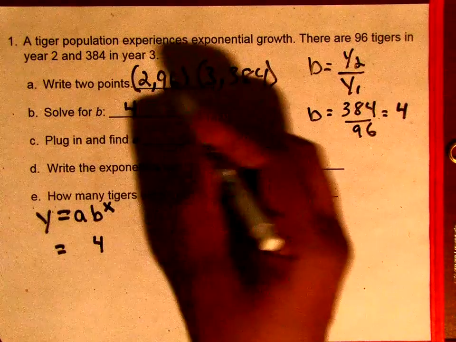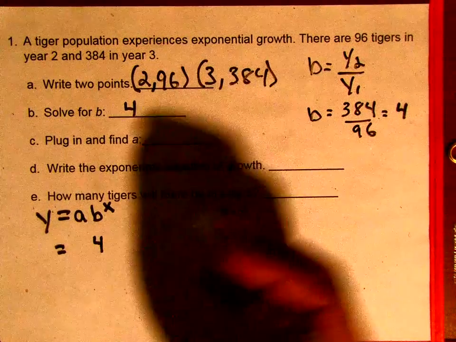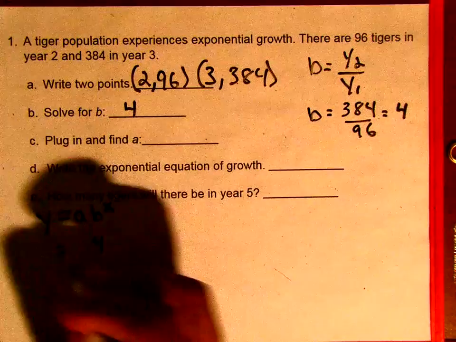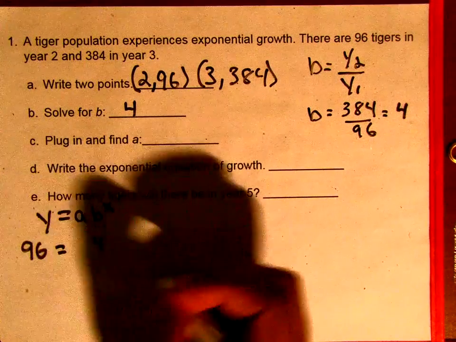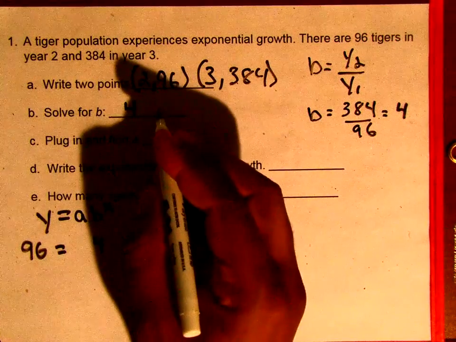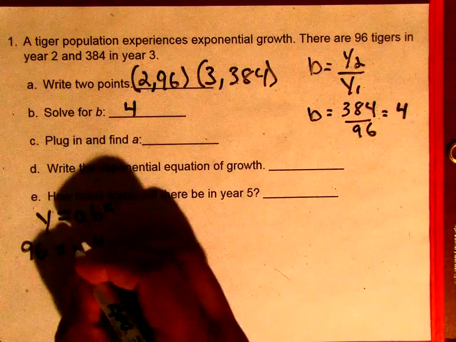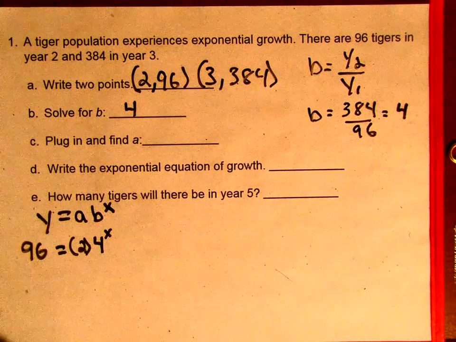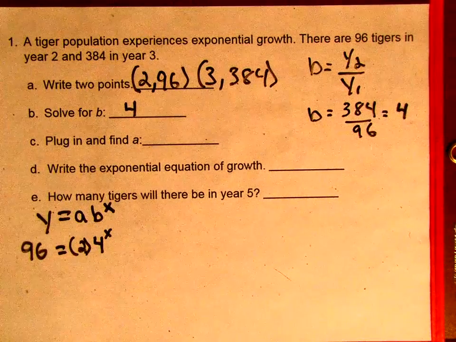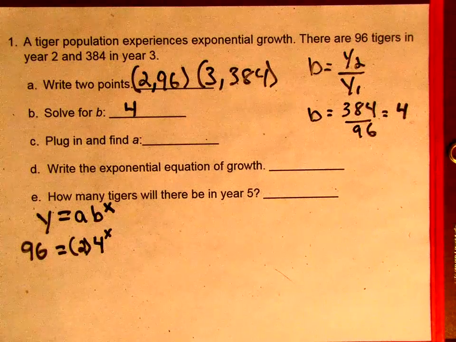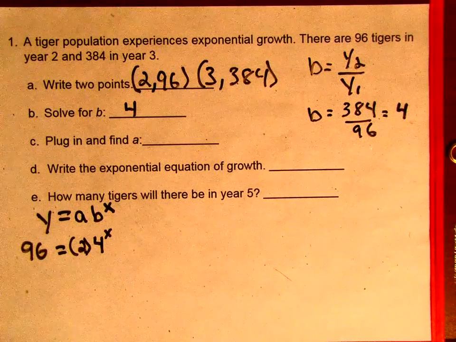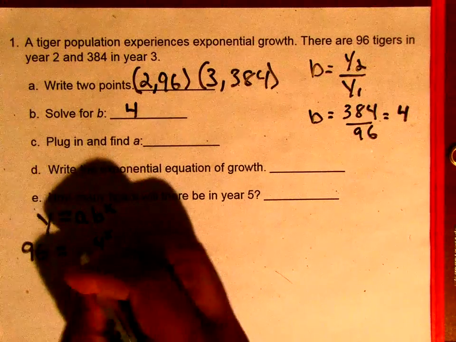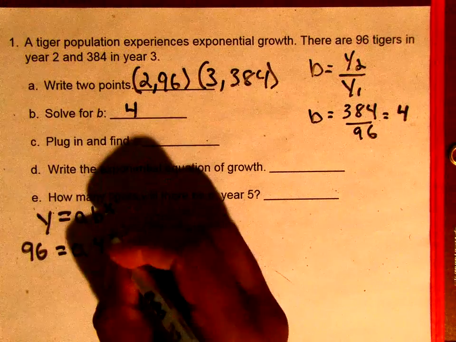And we'll pick one of these points. It makes sense to pick the smallest one. So 2 and 96. So y is 96, and A is just a. X is 2.